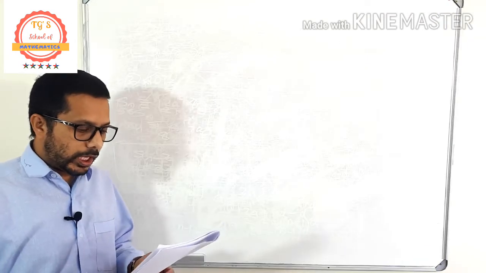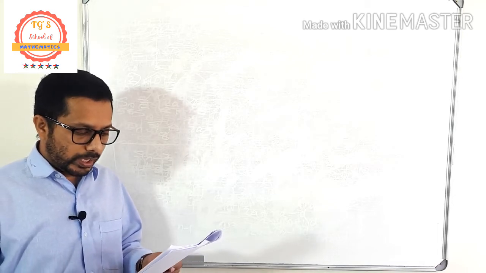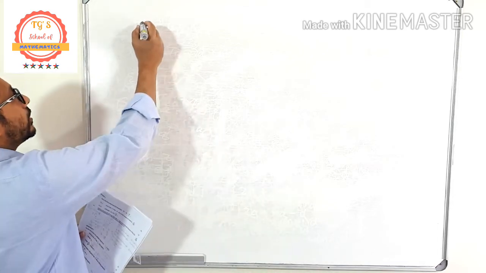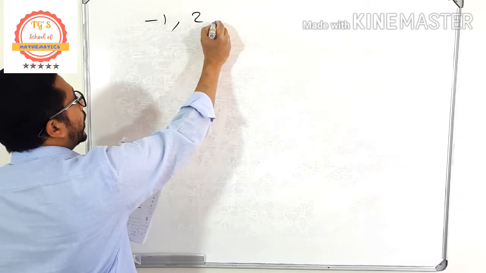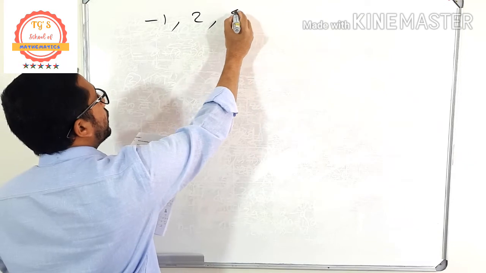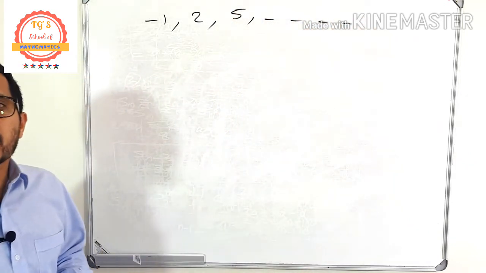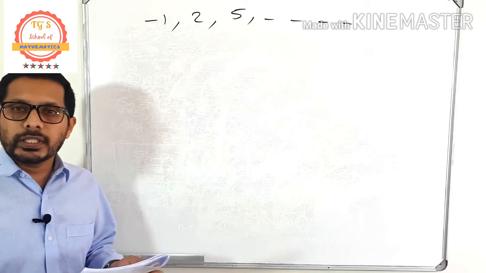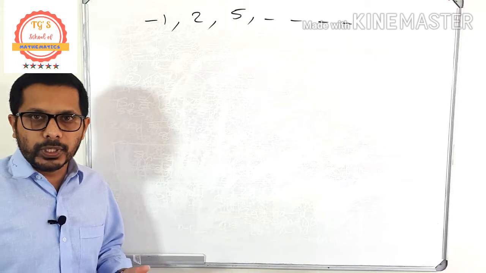The first three terms of an arithmetic sequence are minus 1, 2 and 5. In this question it is given that this is an arithmetic sequence. So if it is an arithmetic sequence, of course there is a common difference.